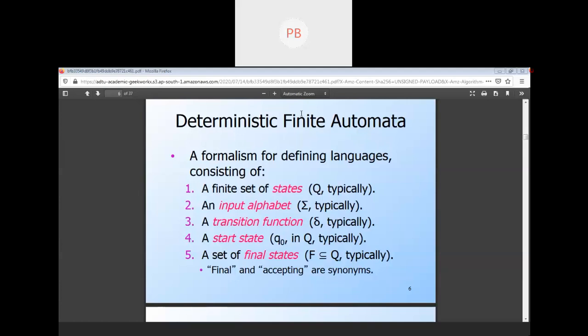When the word universe or universal comes, it is the overall set where every element, every aspect, every condition is available under this.